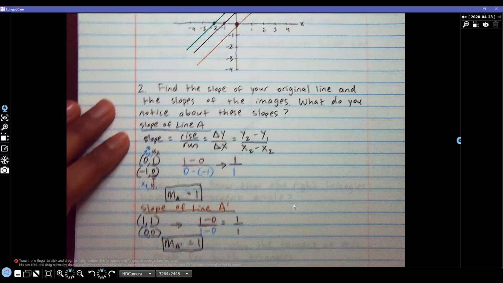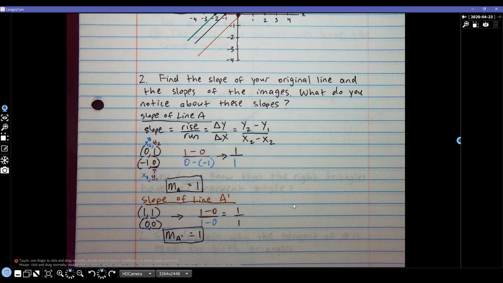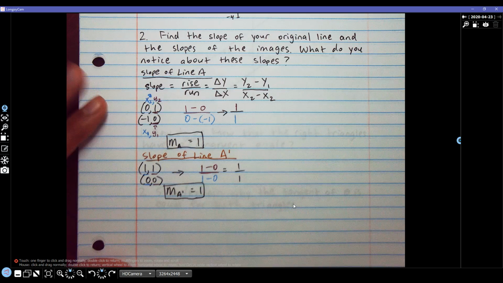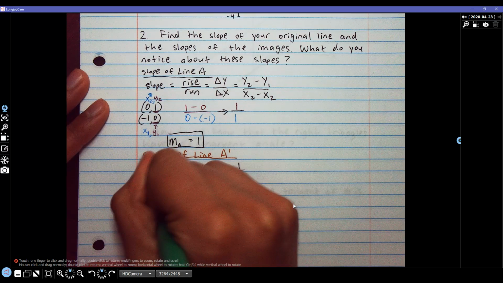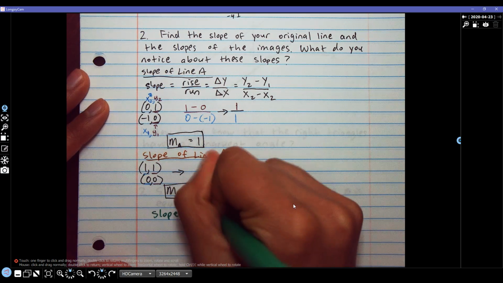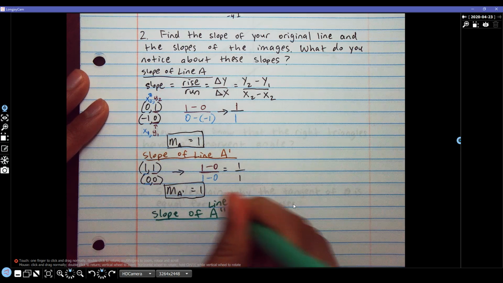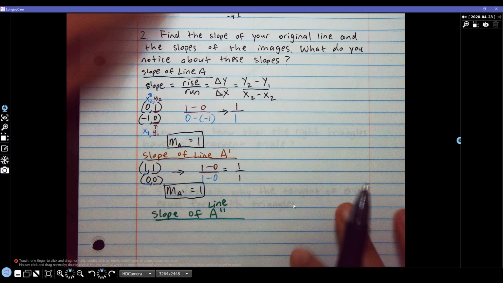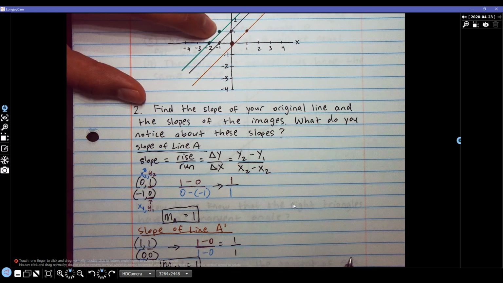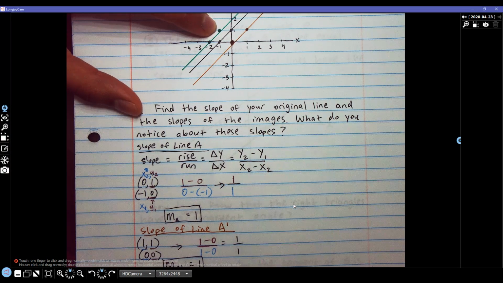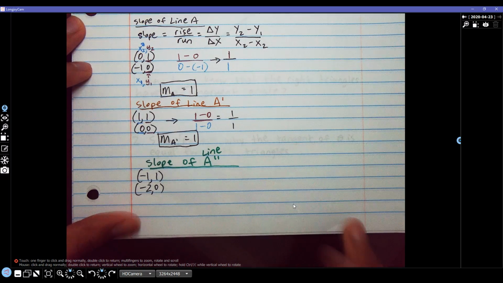Okay, and then let's finish off with finding the slope of line A double prime. So we'll end it here. Slope of A double prime line. For this one, let's look back up here to find our 2 points. We've got (-1, 1), so I'll write that down, and then we have (-2, 0). So let's find the slope for that with our rise over run formula.